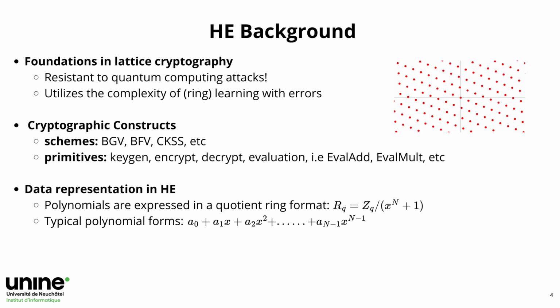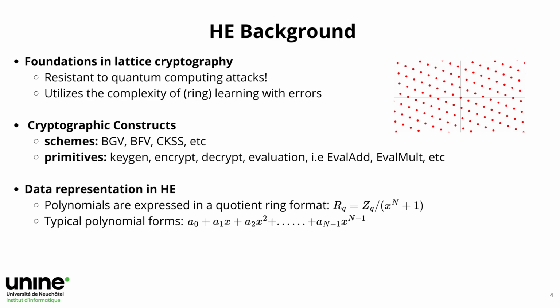We have a number of constructs and schemes that have been developed, which include BGV, BFV, and CKKS. These are the schemes being explored on how we can leverage them for the aforementioned applications.